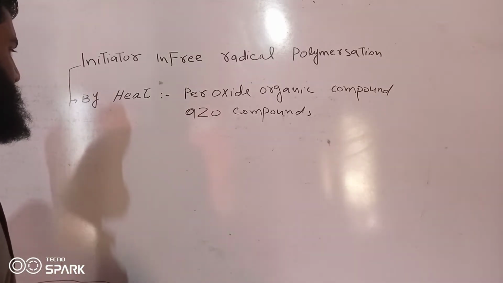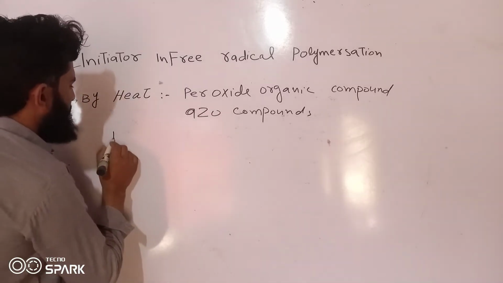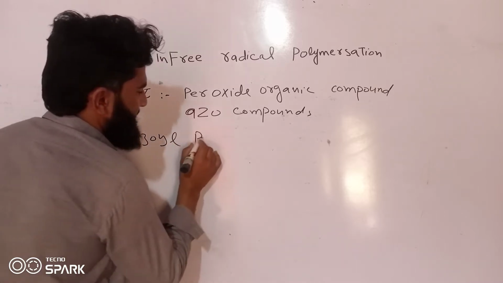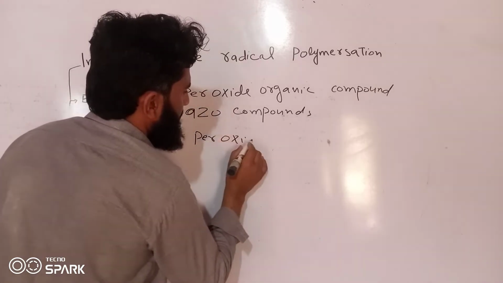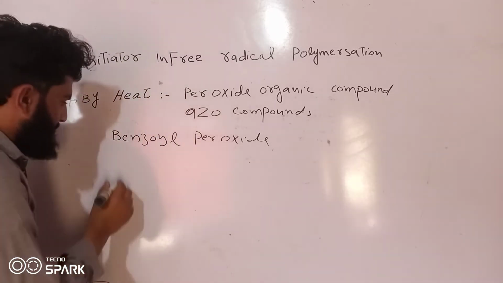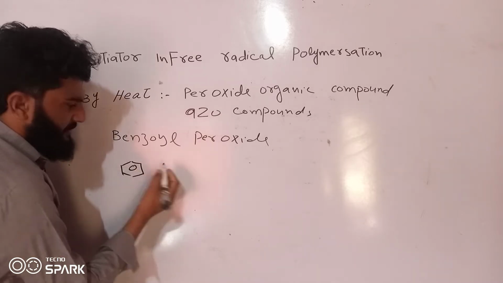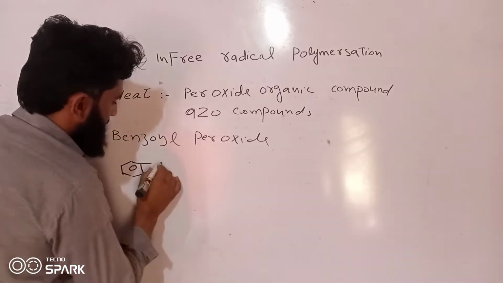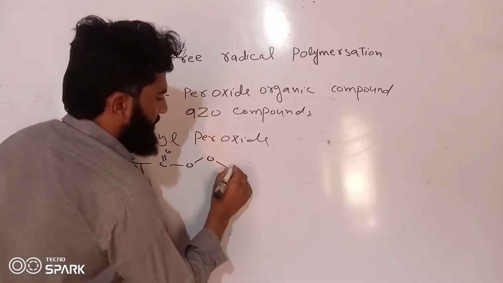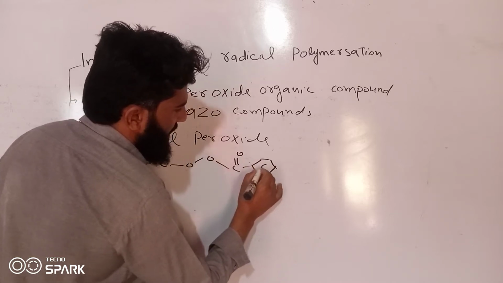The first one is benzoyl peroxide. For example, this is a benzene ring, this is the peroxide, and this is also a keto group with a benzene ring.